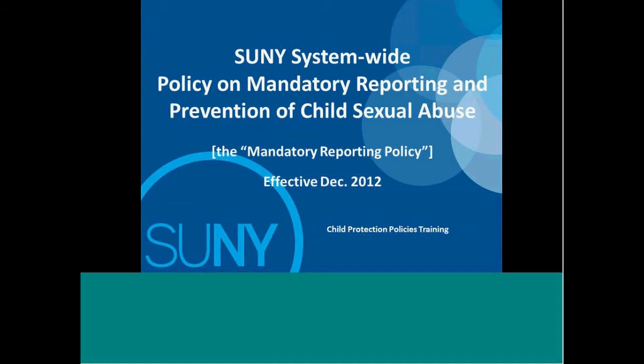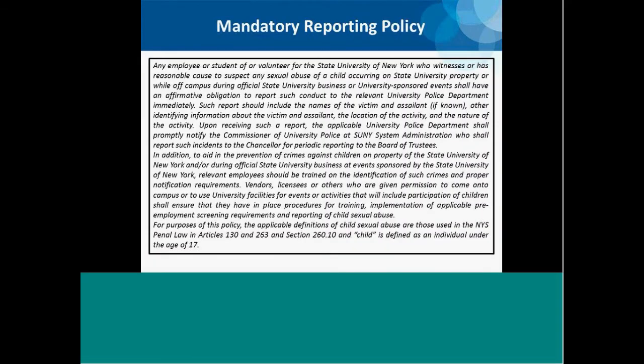This is the mandatory reporting policy. This is the text of the policy, which I will read. Any employee or student of or volunteer for the State University of New York who witnesses or has reasonable cause to suspect any sexual abuse of a child occurring on State University property or while off campus during official State University business or university-sponsored events shall have an affirmative obligation to report such conduct to the relevant university police department immediately.